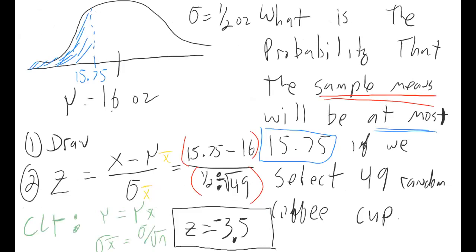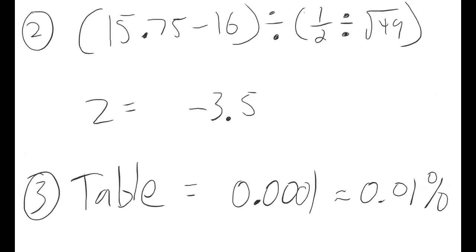So the probability that if I take 49 cups of coffee and calculate their average, they have 15.75 ounces or less, has a probability of 0.01%.